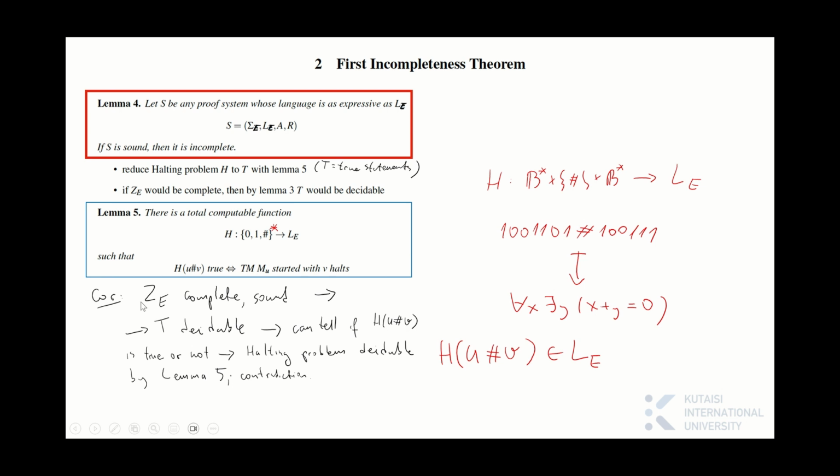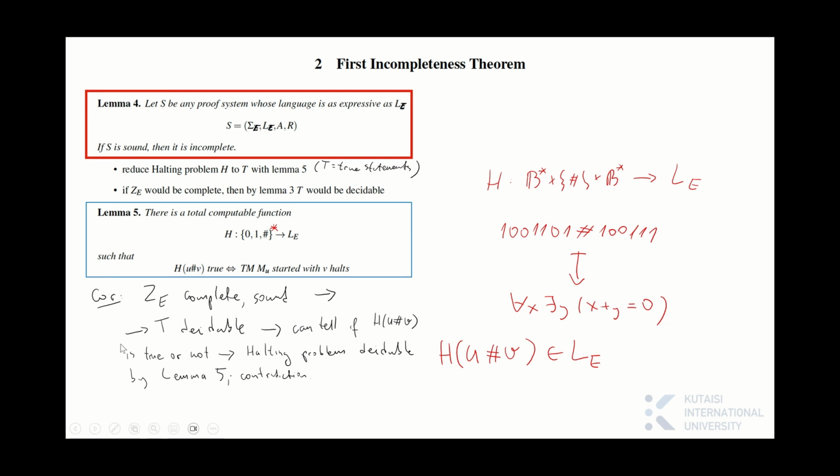Now, why does this prove Gödel's incompleteness theorem? Let's say I can do this. Now, ZE, which is S in question here, or let's say the proof system of natural numbers, let's assume it is complete and it is sound.